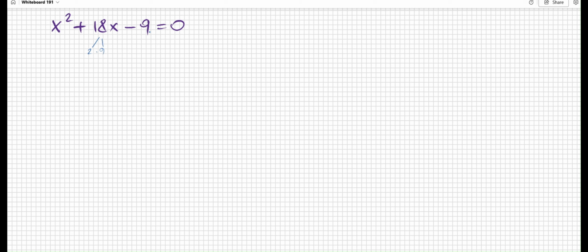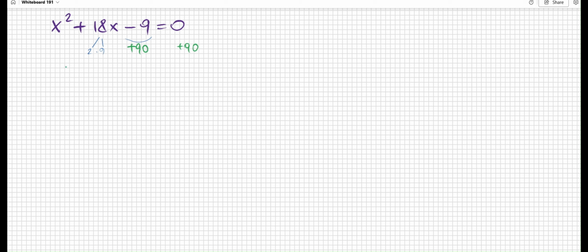According to the perfect square formula, this third part should be 81, like 9 squared, 81. But this is negative 9. I need to change it to 81. And to do that, I'm going to add 90 to both sides.